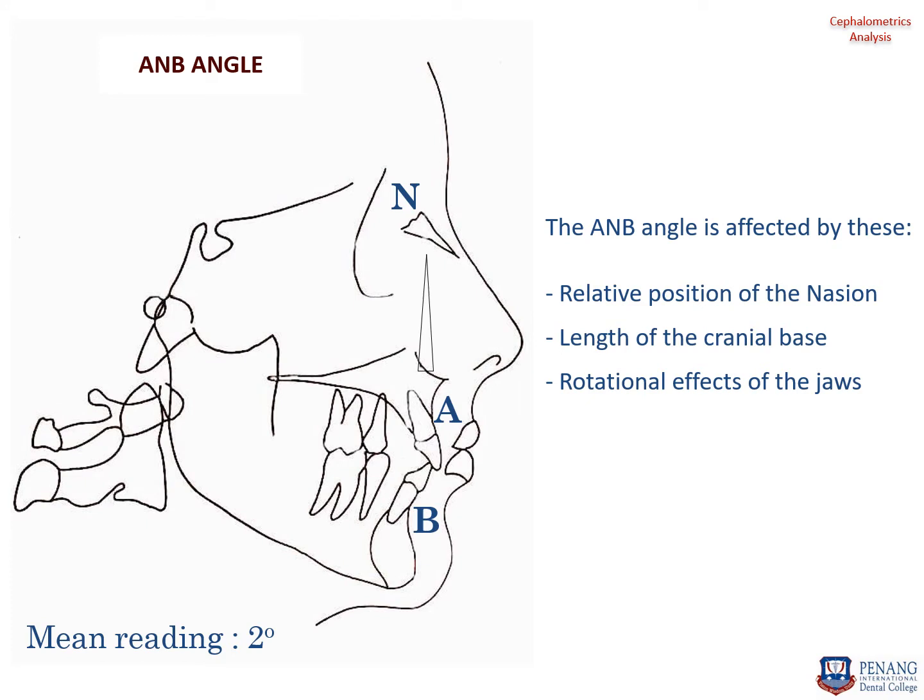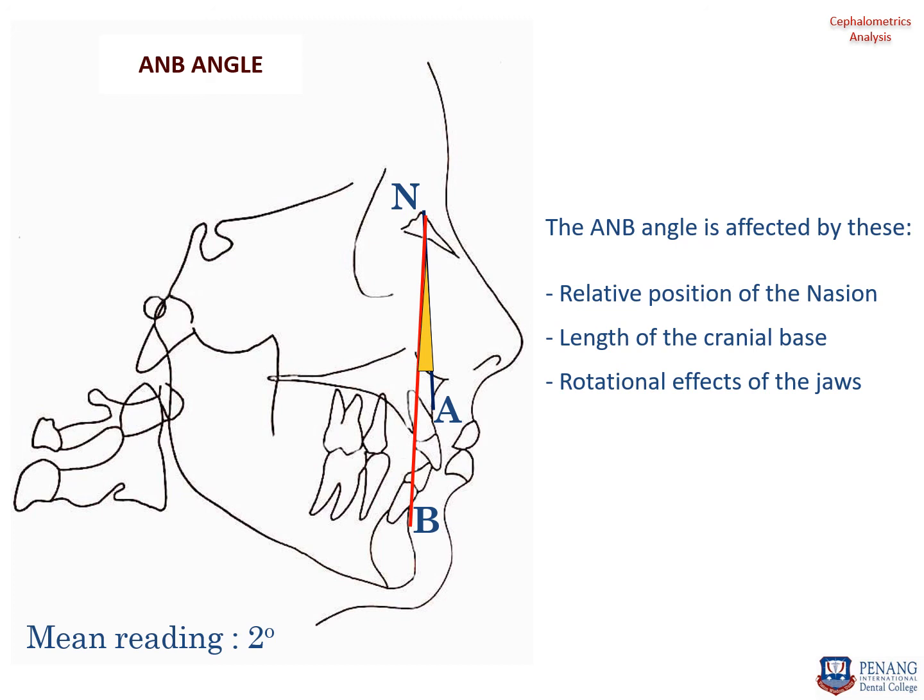Here you will see how the A and B angle is constructed, and why the A and B angle is not accurate in measuring the anterior-posterior positions of the maxilla and mandible in relation to the cranial base. The relative position of nasion can be at different positions both vertically and horizontally, and this could change the angular measurements.